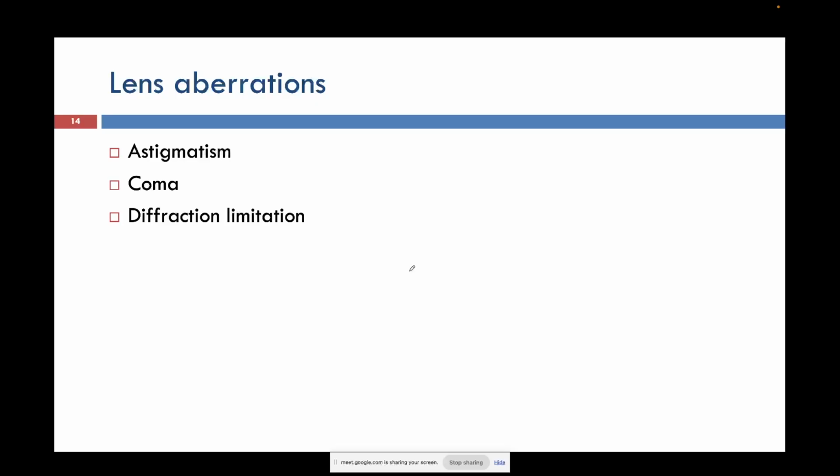And there are also astigmatism, coma, and diffraction limitation. To remove this astigmatism, one component is kept, that is called a stigmator. So there are lots of stigmators you will see in a microscope column. If you see, okay, this is a microscope column, and the stigmators are also there, so that the off-axis electrons will not be deflected more.